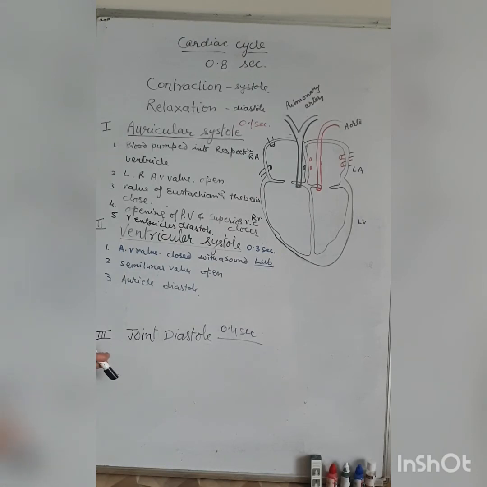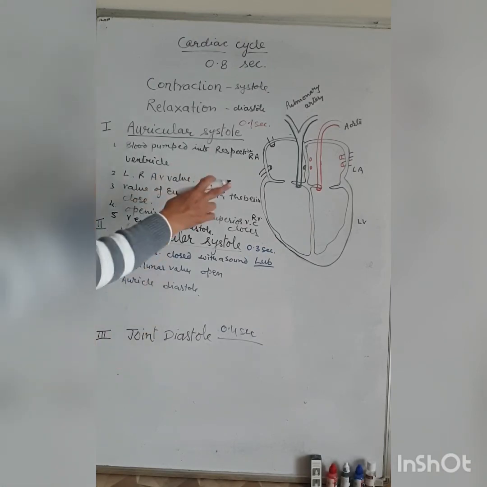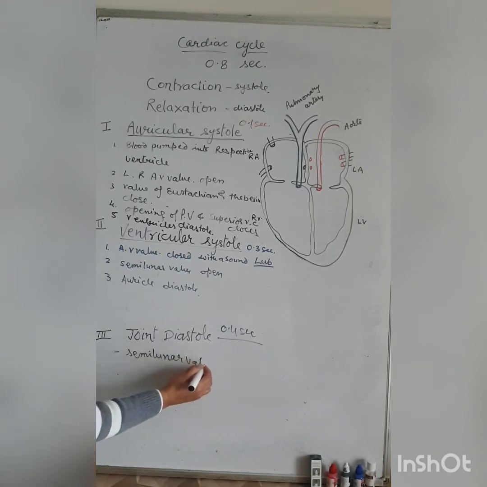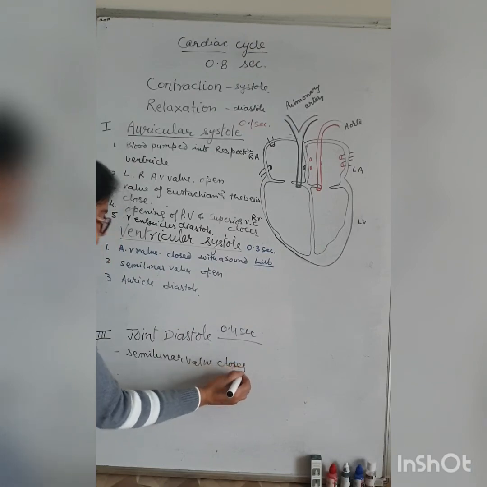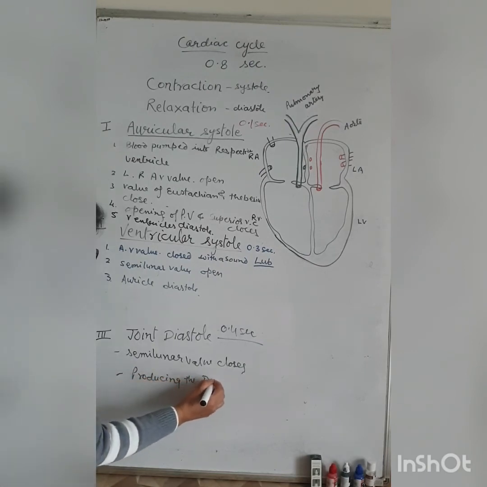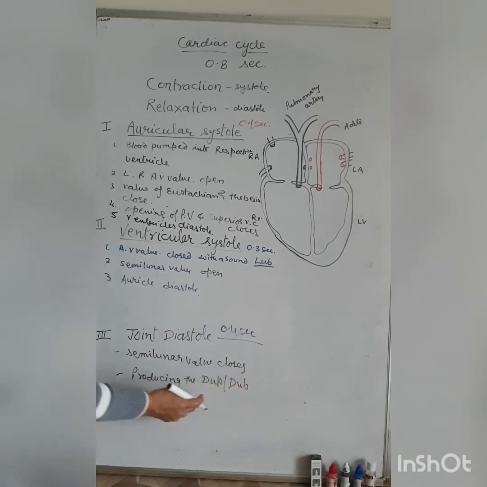Now we discuss the joint diastole. When joint diastole is there, all compartments are relaxed, meaning the two auricles and two ventricles are relaxed. Here the semilunar valve closes, producing the second sound, dub or dup, which is the same thing.